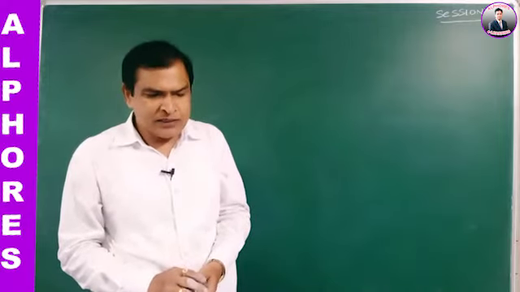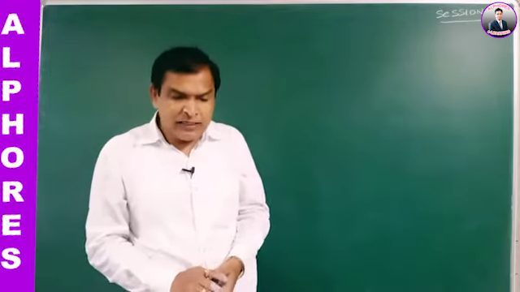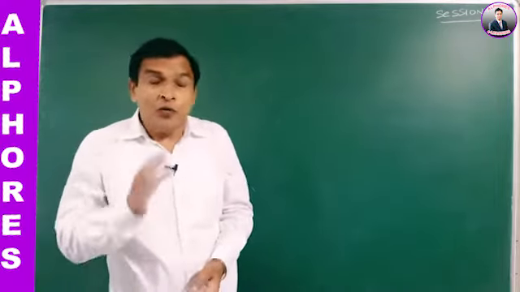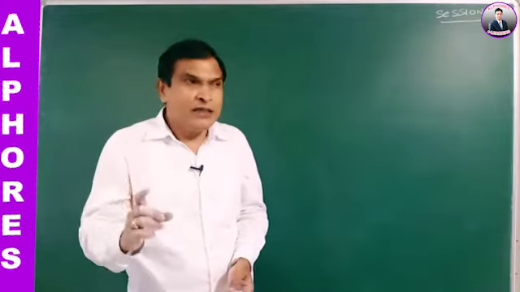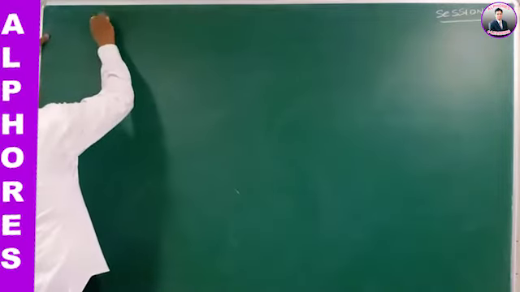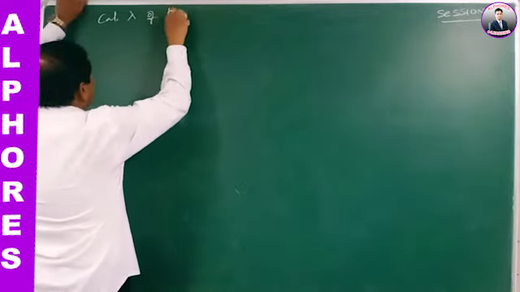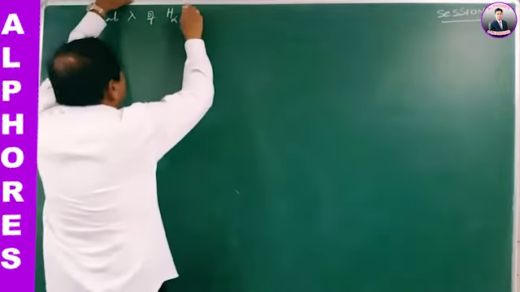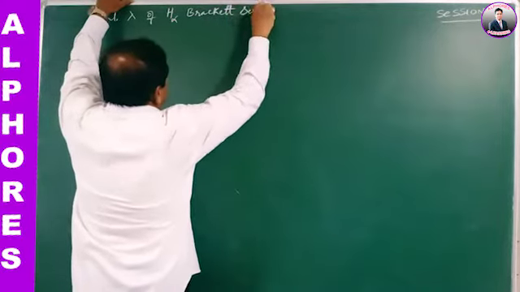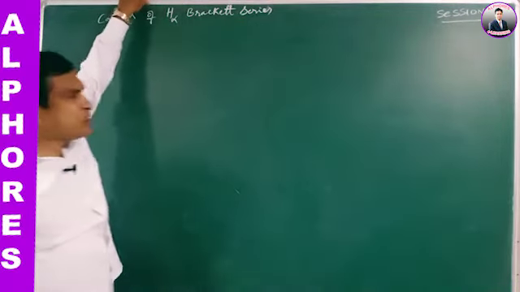Calculate the wavelength of the H alpha line in the Brackett series of the hydrogen spectrum. Calculate the wavelength of the H alpha spectral line in the Brackett series of hydrogen atomic spectra.